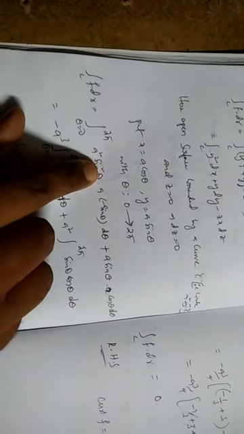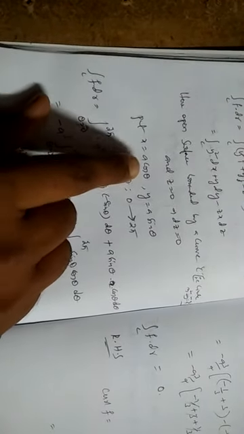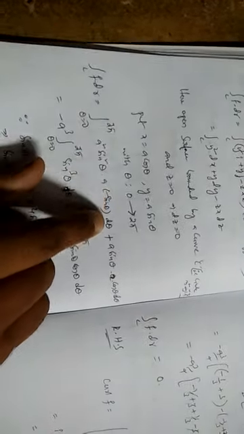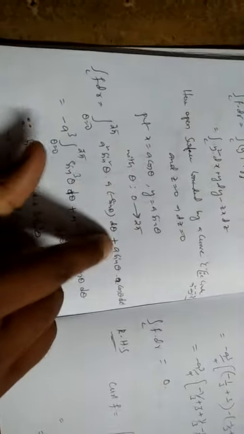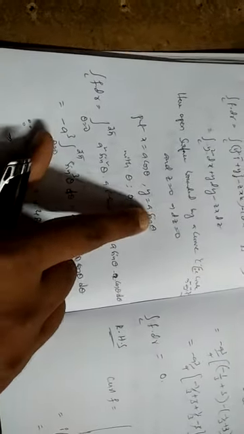Now the integral over C of f dot dr equals the integral from 0 to 2 pi of y squared, which is a squared sin squared theta, into dx, which is a into the derivative of cos theta, minus sin theta d theta, plus y, which is a sin theta, into dy, which is a into the derivative of sin theta, cos theta d theta.